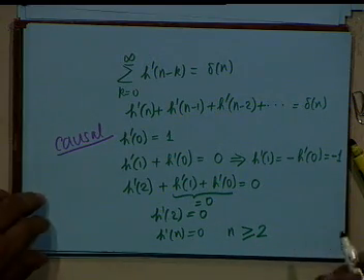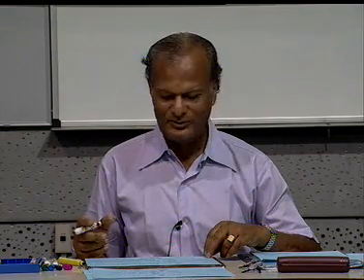In other words, h prime n consists of only two samples, one at n equal to 0 of amplitude 1 and the other at n equal to 1 of amplitude minus 1.